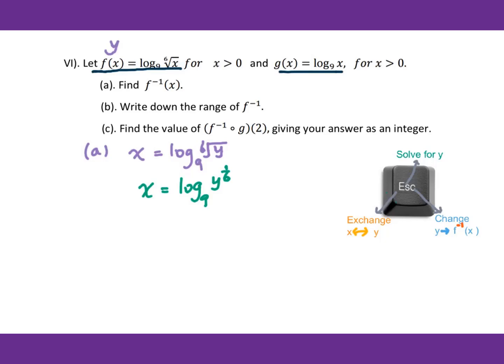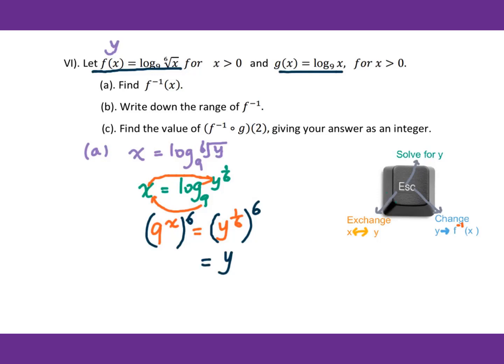Then we change the logarithm into exponential form. We will get 9 to the x power equals y to the 1 over 6 power. Then both sides do the 6th power so that we can solve for y.